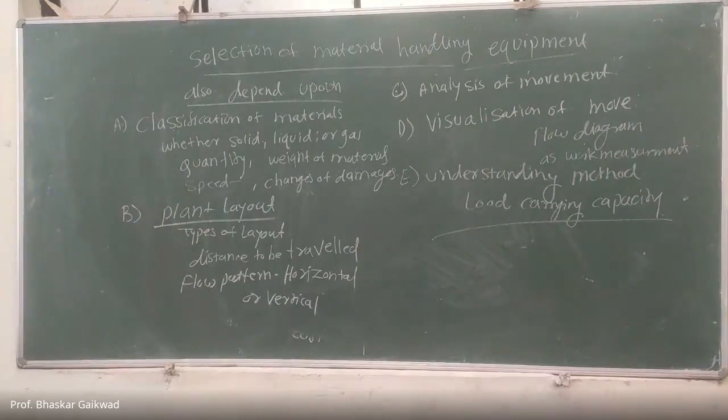So understanding methods means whatever the capacity the conveyor can sustain, accordingly you can understand these methods. The capacity depends upon the breaking load, and the breaking load depends upon the structure of the conveyor chains or monorails. So this is about understanding methods, then preliminary handling plans.